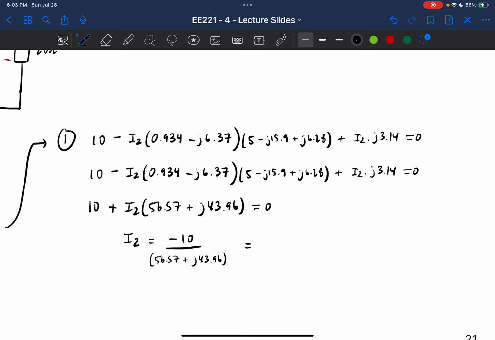I'm going to have to multiply this by -1. Sorry, I'm doing a lot of calculator work here, and I want to make sure I don't make any mistakes.